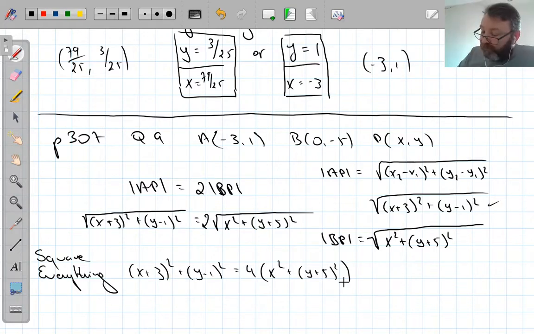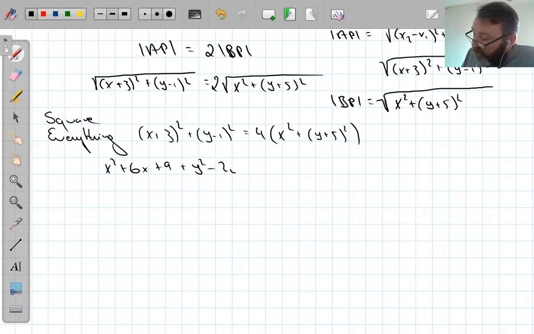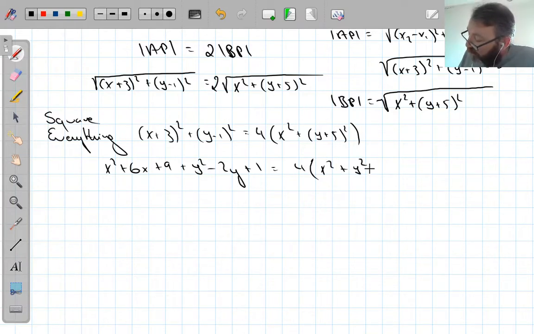Now, you're lucky. They're all binomials. So at this stage, you should know exactly what to do with all your binomials. So let's do that. Square x plus 3, x squared plus 6x plus 9. Square y minus 1, y squared minus 2y plus 1. 4 times x squared plus, and let's square this thing out here, y squared plus 10y plus 25.